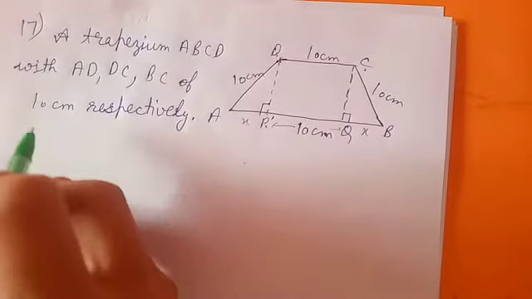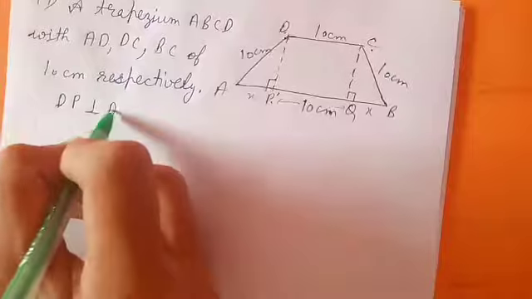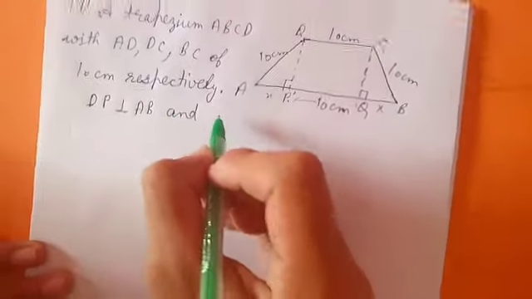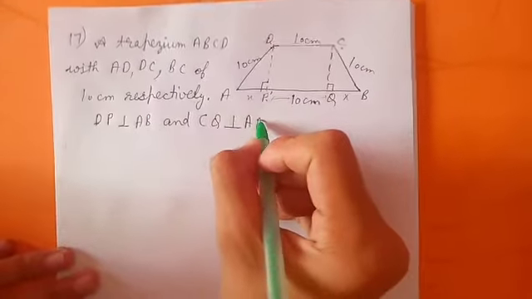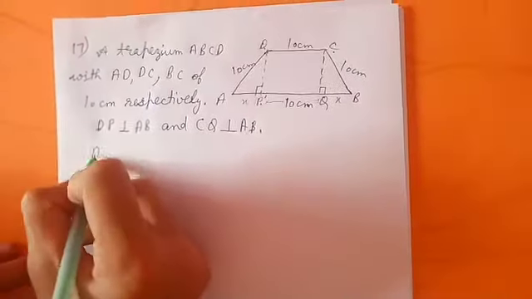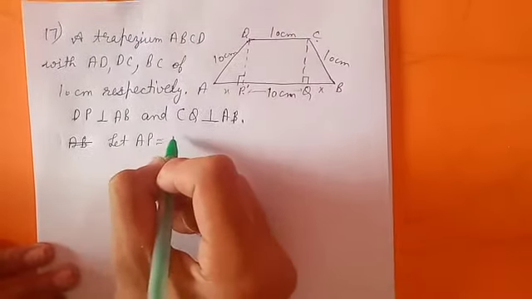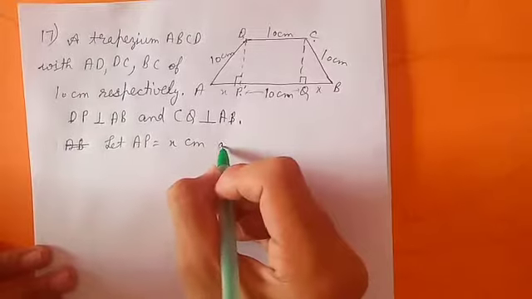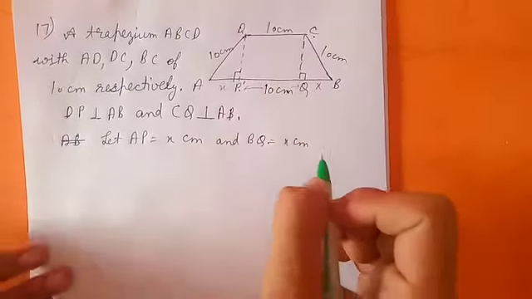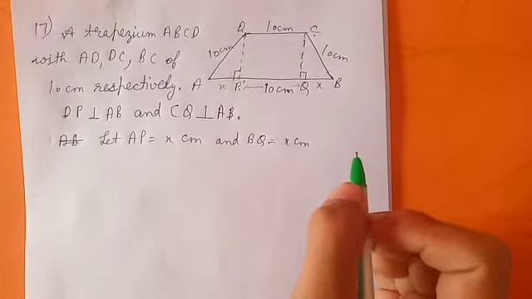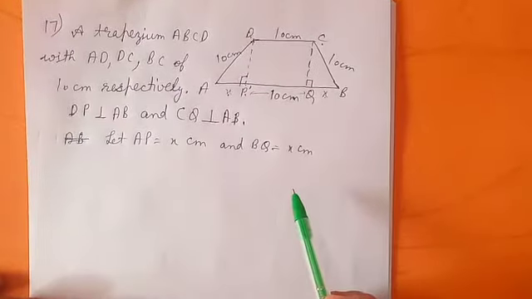What we have done, we have drawn DP perpendicular to AB and CQ also perpendicular to AB. Now let AP be x centimeter and BQ is also x centimeter.